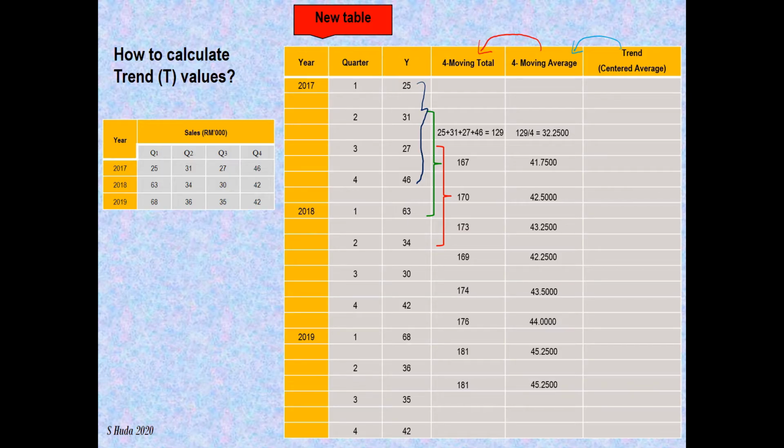First step 4, second step 2. So the last step, which is dividing by 2, represents the trend values. You add these two values and then divide by 2. So you get the first trend value equal to 37. Next, calculate the rest of the trend values. So those are the step by step instructions on how to calculate trend values for the even case using the moving average method.